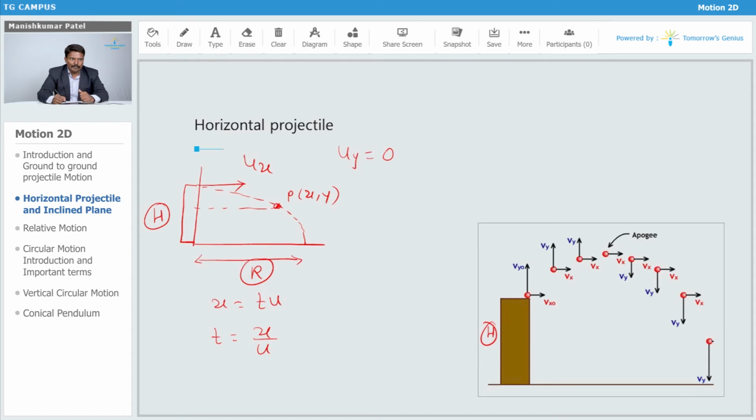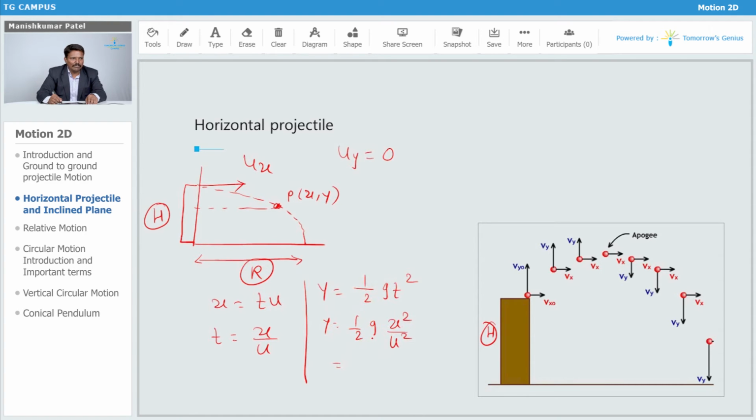At the same time you have to think about the vertical distance also. The vertical distance is your y. Again, the component in the vertical direction is 0. So y is half g t square, which is half g into x square upon u square.